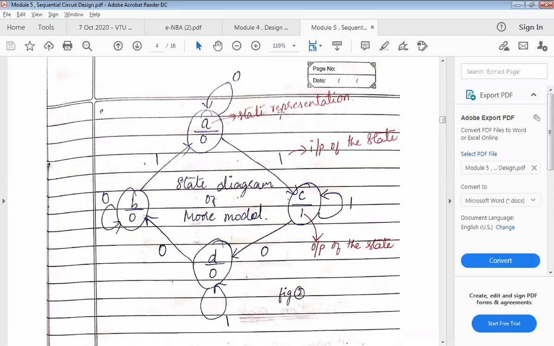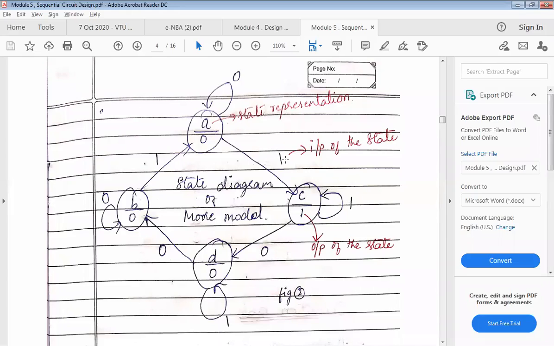So this is my state representation, and the ones that you see here, 1 0 1 0 0 1 0 1, are nothing but the inputs, which is the numerator in which model? Students: Mealy's model. Yes, in Mealy's model. But in Moore, I am not using the numerator-denominator concept.